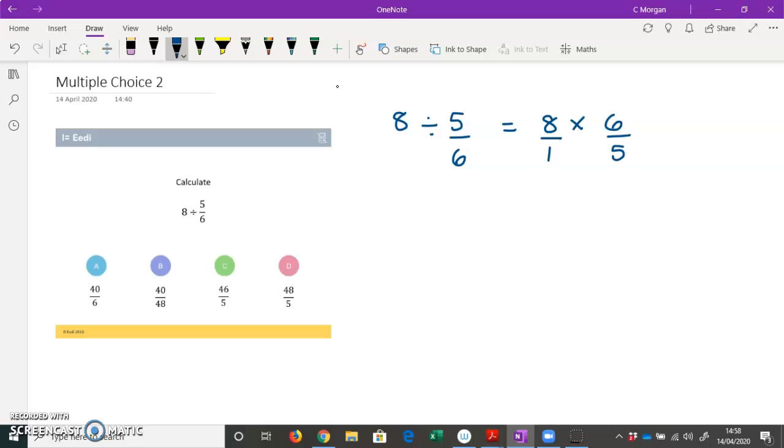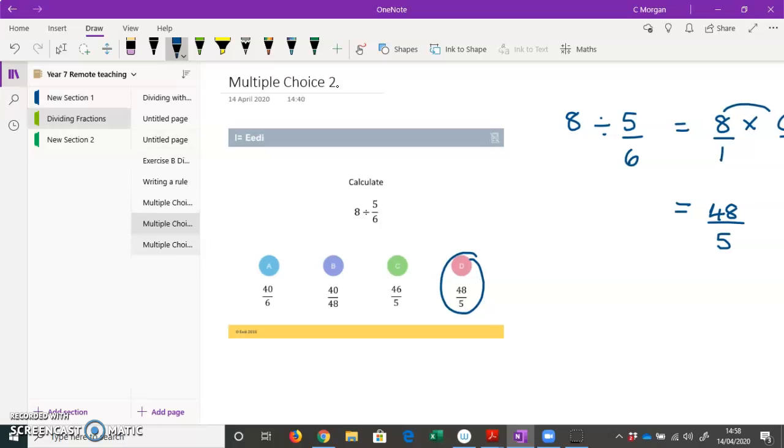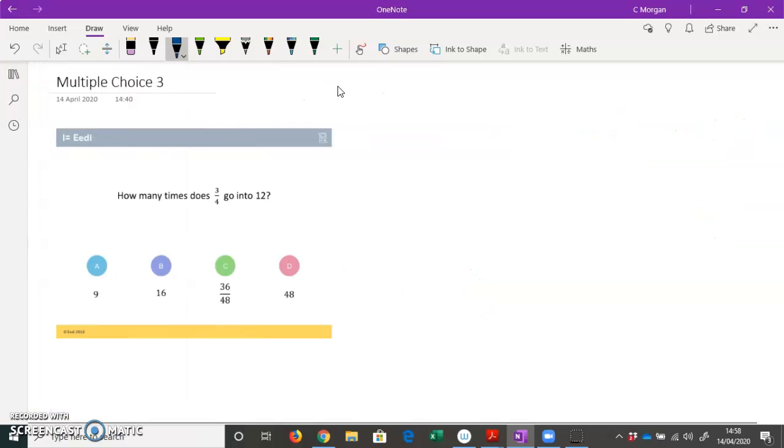I'm going to make the 8 into a fraction there, and 8 lots of 6 is 48, and 1 lot of 5 is 5. So I'm looking at the choice of answers there, and I can see that D is 48 over 5.